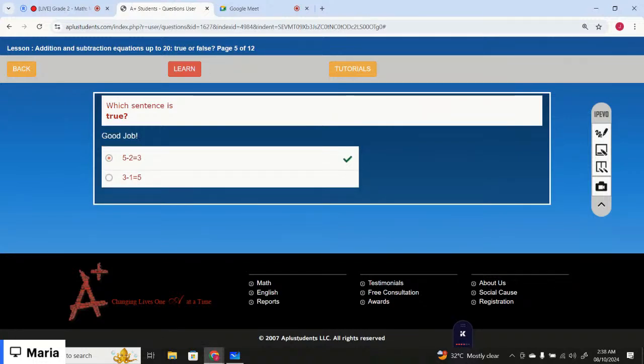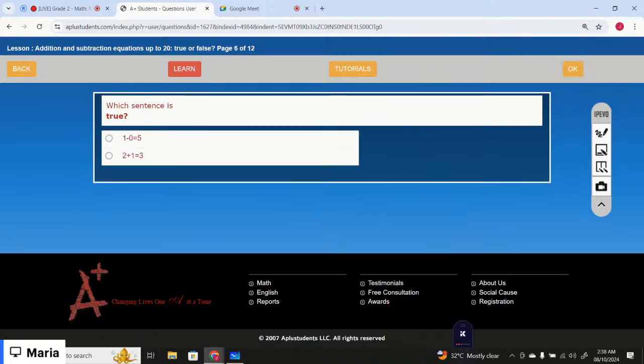Option number 1 is the correct option. That is the correct one, right? Which sentence is true?